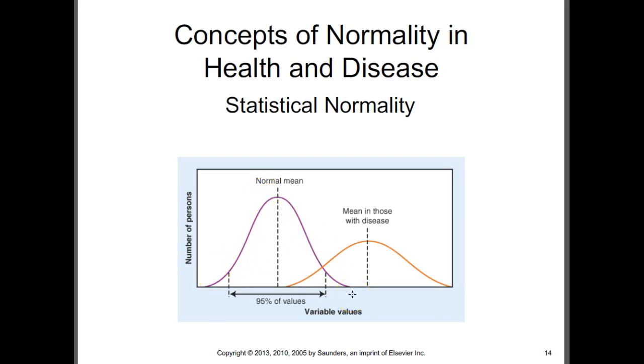So this purple one stands for the normal curve. Okay, and then those with disease, right? So when do you have disease? At the point in which you might get a diagnosis for disease is if your blood sugar is going to be over 100, probably 120. So let's say the mean of those people with diabetes would be 120. So this would be 120.